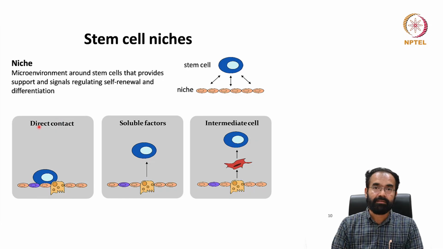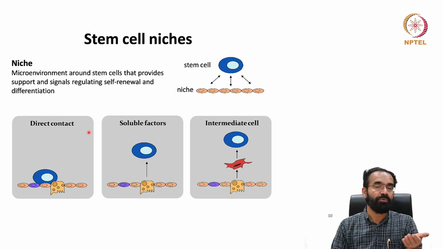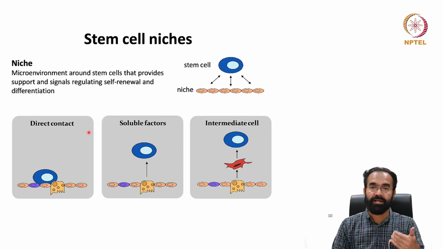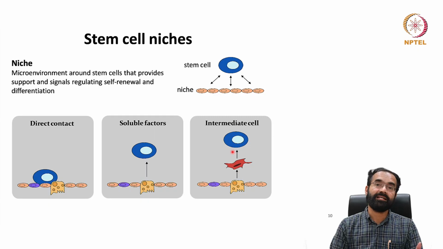So they need to have direct contact, like we have discussed about the feeder layer in a petri dish. You need to have leukemia inhibitory factor present to maintain the pluripotent stem cell as pluripotent stem cell, and a lot of soluble factors. Direct contact is one feature that comes into the picture, and soluble factors released from the microenvironment, and also an intermediate cell.